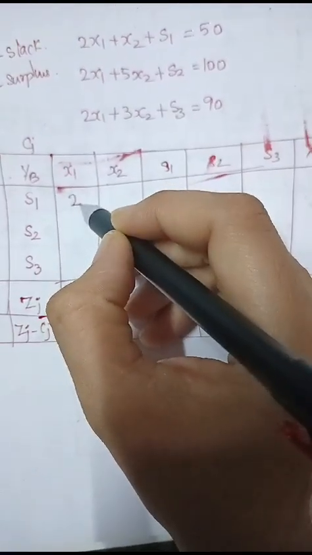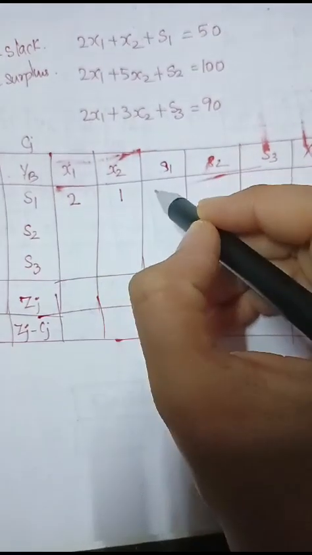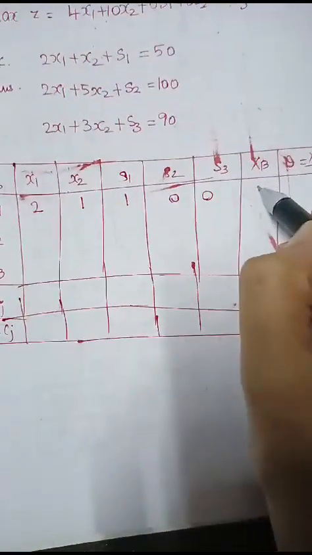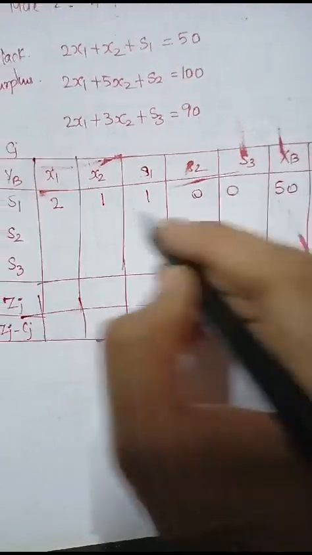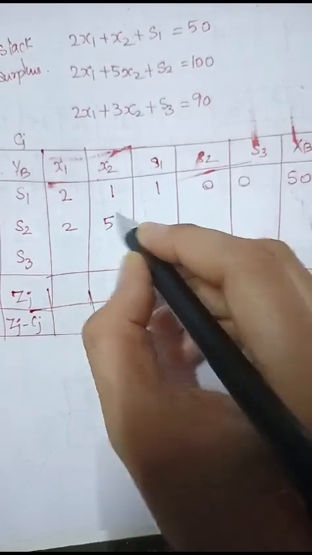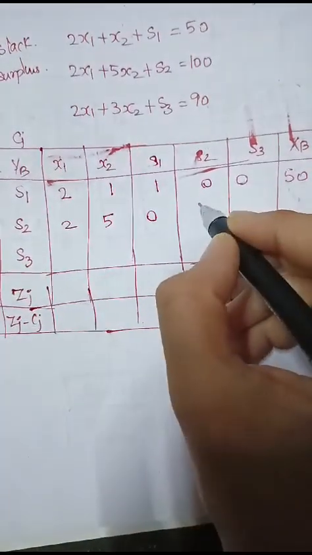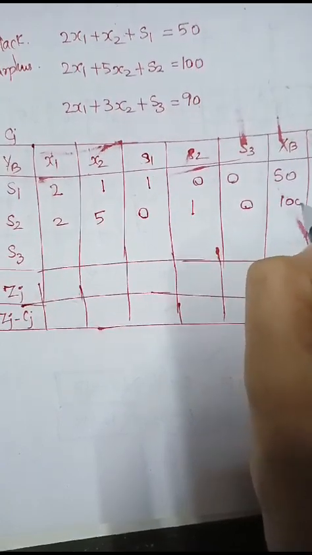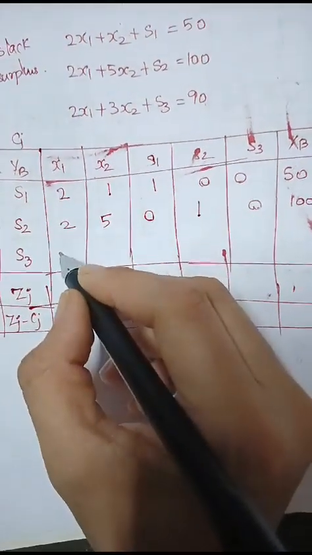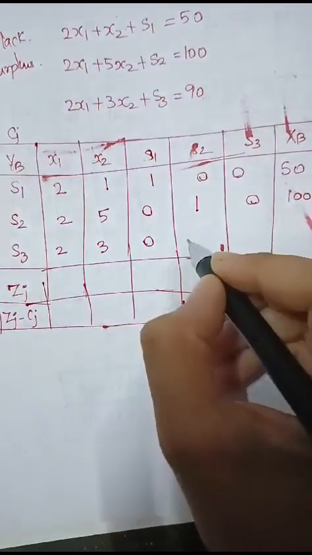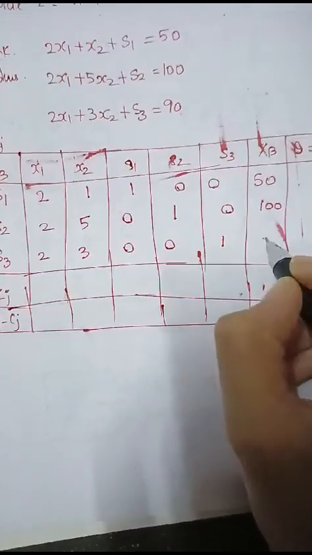First constraint, 2x1, 1x2, s1 is 1, s2 and s3 are not there, so 0, 0, xb is your 50. And then second constraint, 2, 5x2, 0 s1, 1 s2, 0 s3, 100. Third one, 2x1, 3x2, 0 s1, 0 s2, 1 s3, 90.